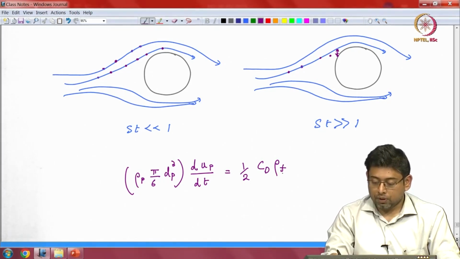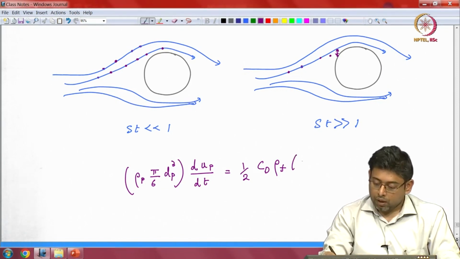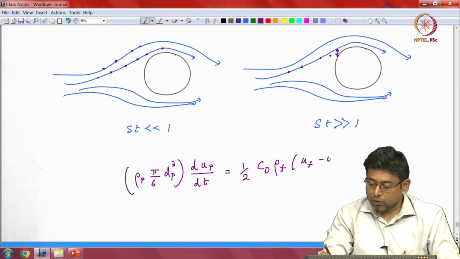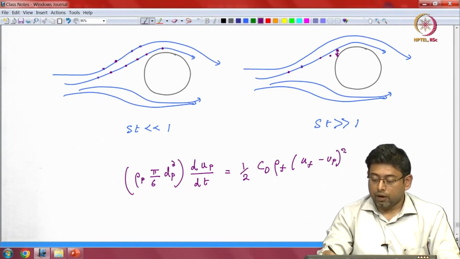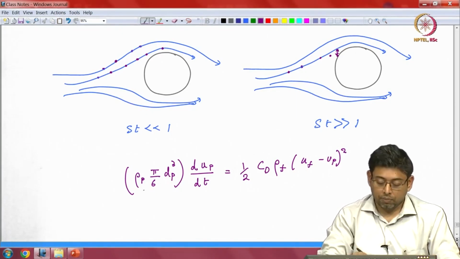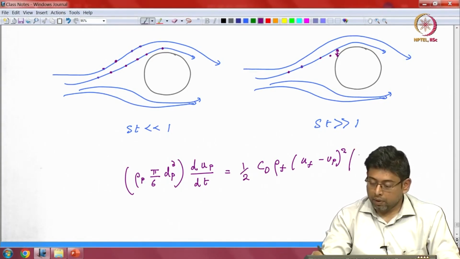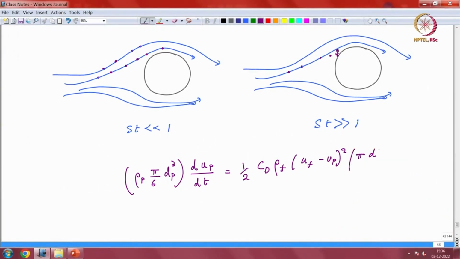So rho subscript f is the density of fluid, rho subscript p is the density of the particle. Then (U_f minus U_p) squared, where U subscript f is the velocity of the fluid, U subscript p is the velocity of the particle, and this multiplied by the exposed area, which for let's say a sphere is pi d square by 4.